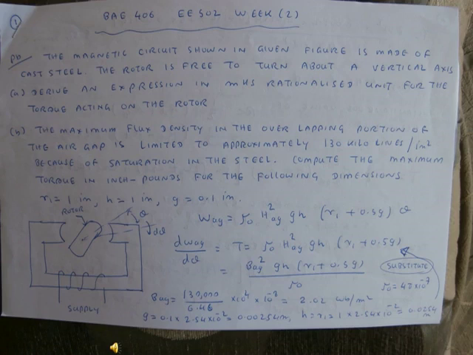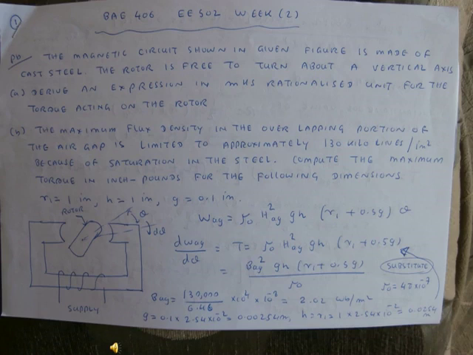We substitute here G equal to 0.1 inch, which is 0.00254 meter, and H equal to R1, which is also 1 inch, so that is 0.0254 meter.